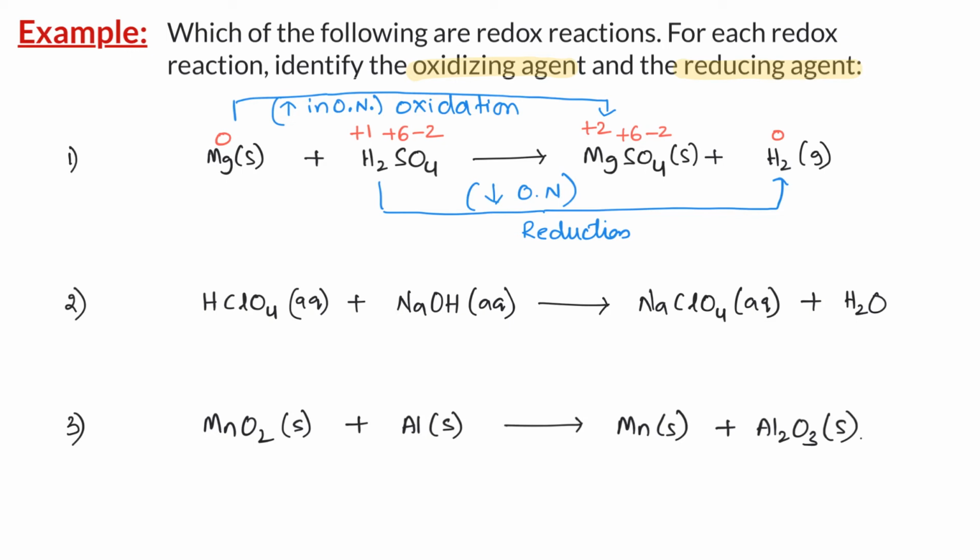Therefore, we can say that magnesium is a reducing agent because it is undergoing oxidation, and hydrogen in sulfuric acid is an oxidizing agent because it is undergoing reduction.